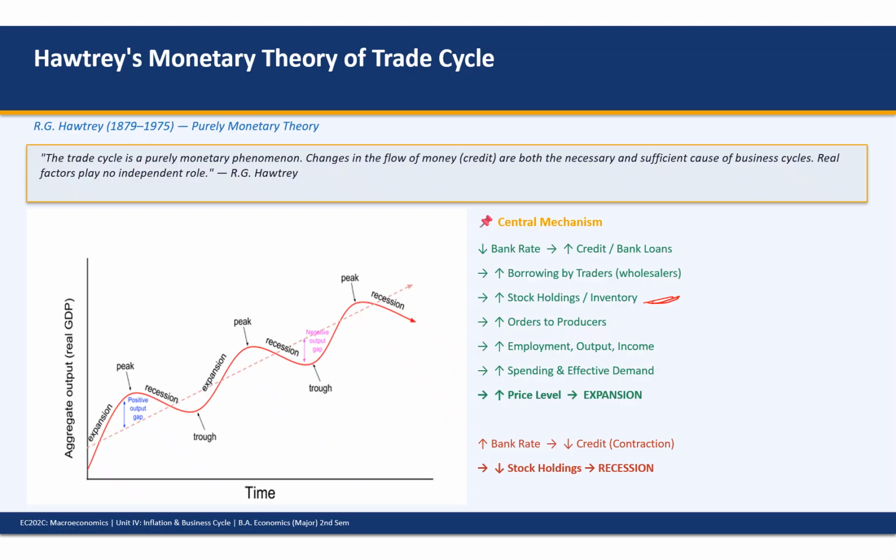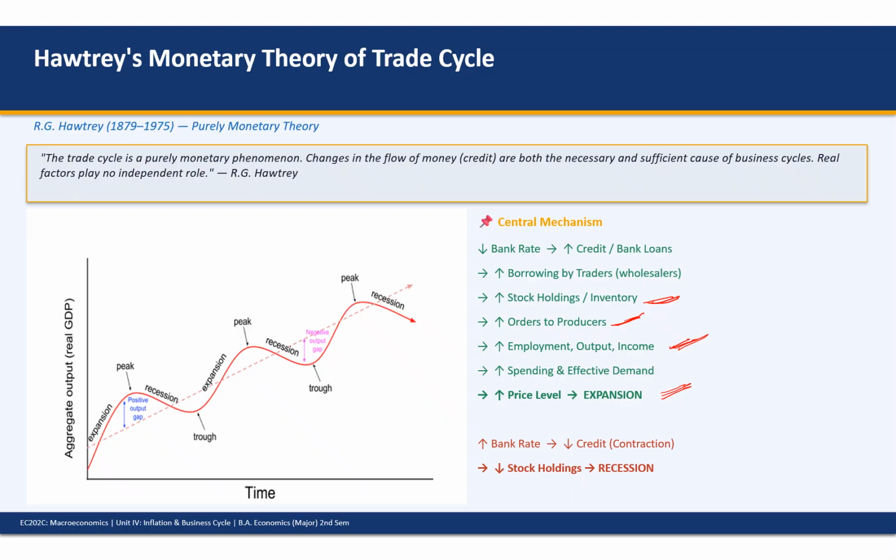Then they place more orders with the producers, which leads to a rise in employment, output, and income. Eventually, higher demand leads to more spending and pushes up the price level, which leads the economy to enter the phase of expansion.